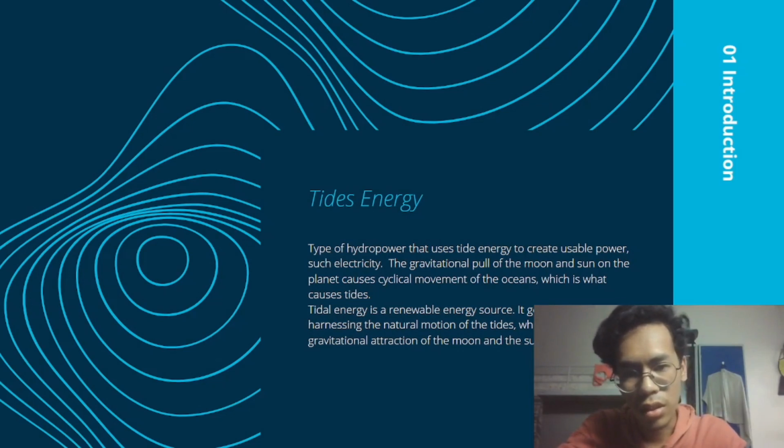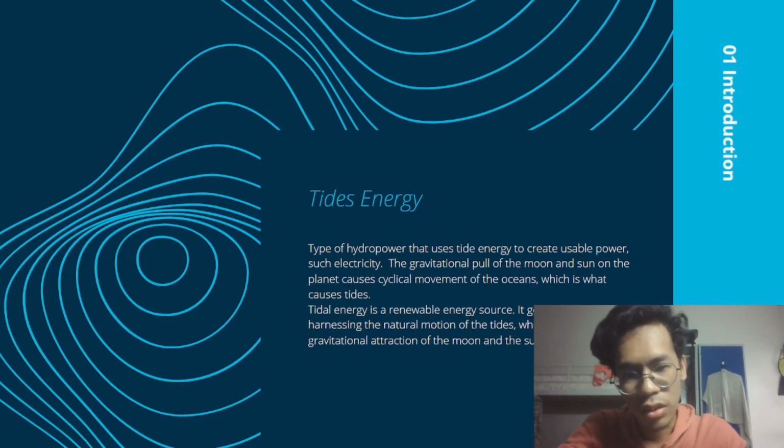Tidal energy is a type of hydropower that uses tide energy to create usable power such as electricity. The gravitational pull of the moon and sun on the planet causes cyclic movement of the oceans, which is what causes tides.